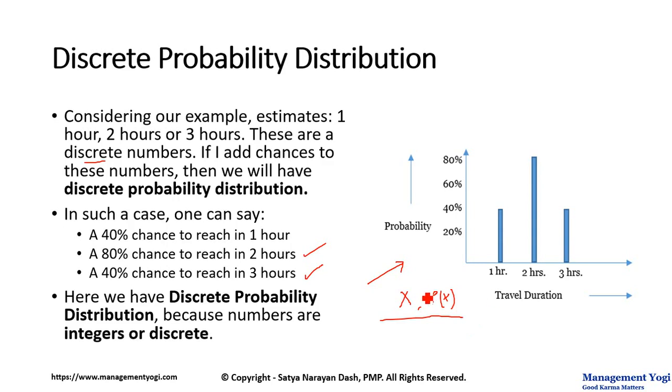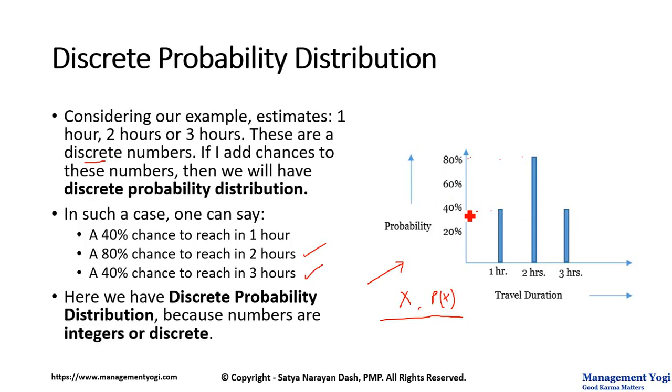X, that is a random variable, which is the travel duration, is in the x-axis, which is 1 hour, 2 hours, 3 hours. The probability value, or Px, is shown in the y-axis, which is 20, 40, 60 or 80%. So here 1 hour chance is 40%, 2 hours 80%, the most likely one, 3 hours we have 40% again. And these are discrete or integer numbers, and hence we have a discrete probability distribution.